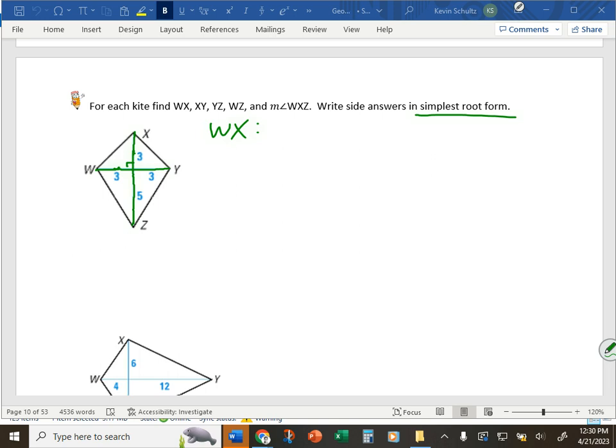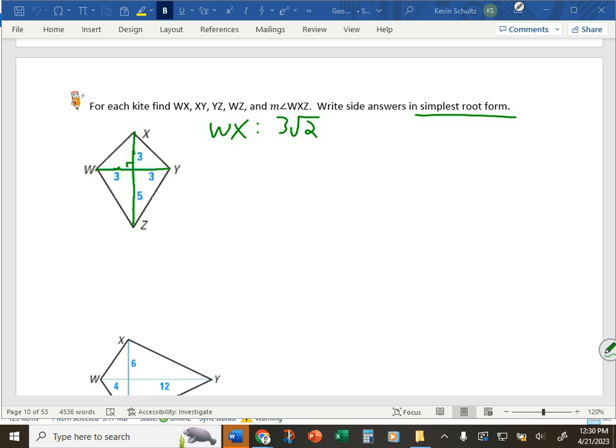It's gotta be 3 root 2. How did you get that? Because the ratios for a 45, 45, 90 triangle are n root 2, right? The legs are congruent. The hypotenuse is whatever the leg is times the root 2. So identifying this as a 45, 45, 90 triangle, we know that hypotenuse has got to be 3 root 2.